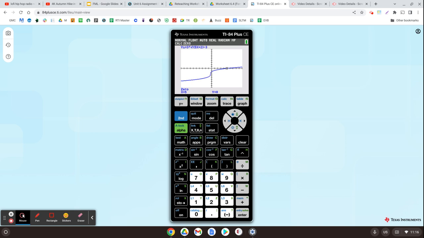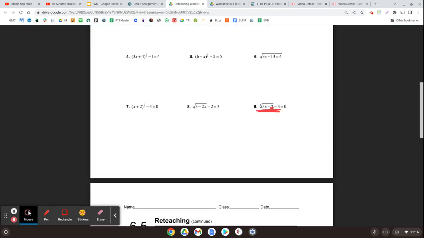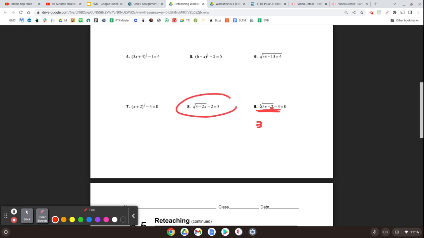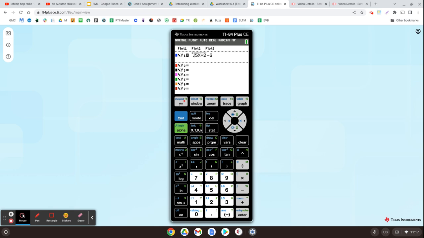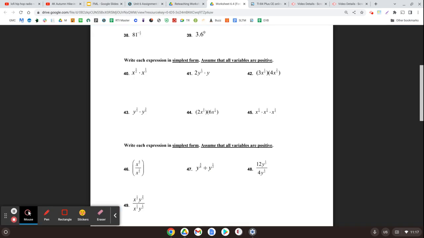Check this out. Let's say you had the cube root. Well, here, let's do this one. Let's just show you how to do that one without manipulating at all. So cube root of 3 minus 2x minus 2. Okay, let me look at it. It wasn't a cube root, it was square root.